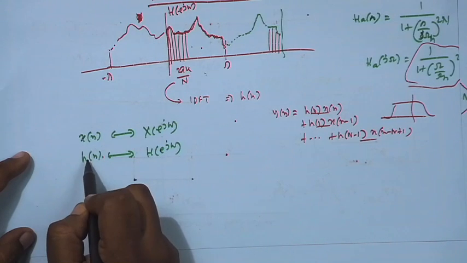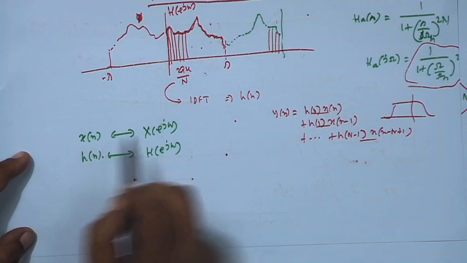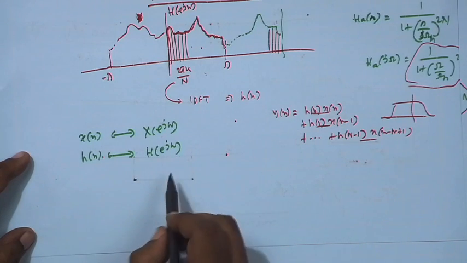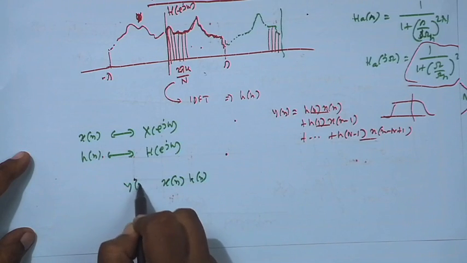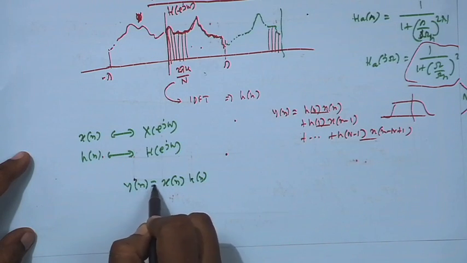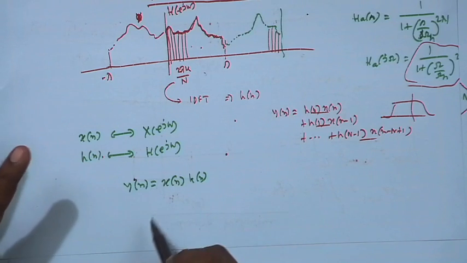We know if I convolve x n with h n, call the convolution y n, the DTFT of y n will be the product of the two DTFTs. But if I multiply them and call it y n, then the DTFT of y n will not be the convolution of the two DTFTs, it will be a product of a particular type.